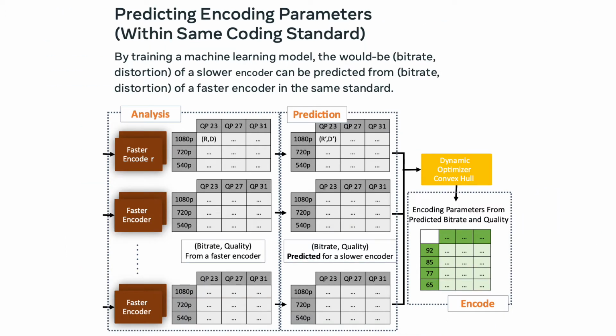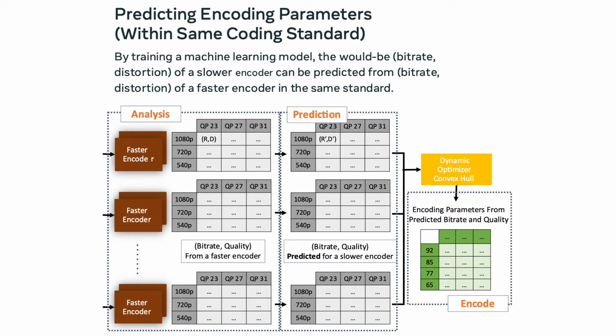In this work, we present two different approaches to address the limitations. First, we want to be able to predict encoding parameters within the same coding standard. So here, we train a machine learning model between a fast encoder and a slow encoder, so that we can predict what the bitrate and distortion of a slower encoder would be from the bitrate and distortion of a faster encoder in the same standard.